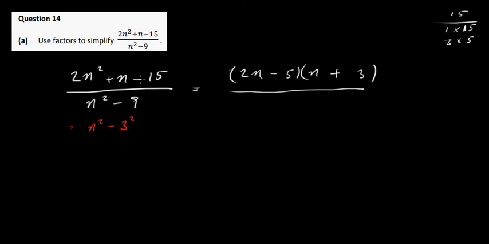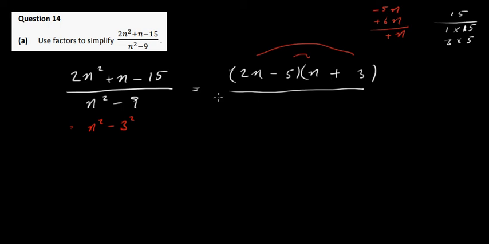Minus times plus will give me a minus here. Just check that. 2n times n is 2n squared. Minus 5 times plus 3, minus 15. And if I do the 2 in the middle here, these two here, and add them, I'll get minus 5n. I'll get plus 6n. That'll give me a plus n, and there is a plus n in the middle.